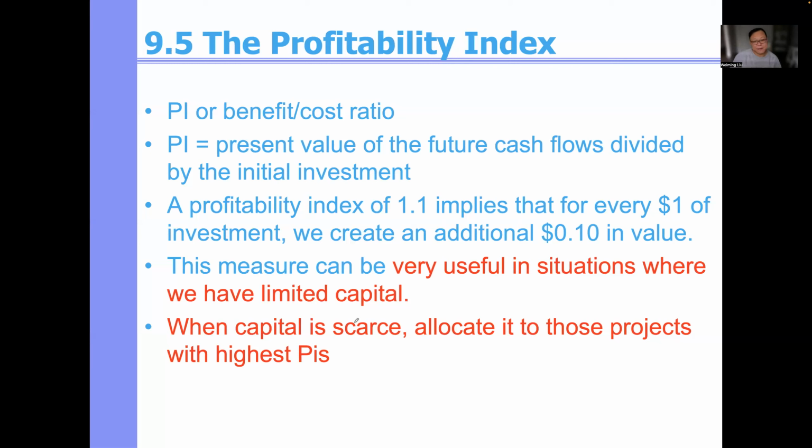So basically, the profitability index communicates directly what the value creation is. When capital is scarce, you want to allocate your resources, the capital, to those projects with the highest profitability index, okay?